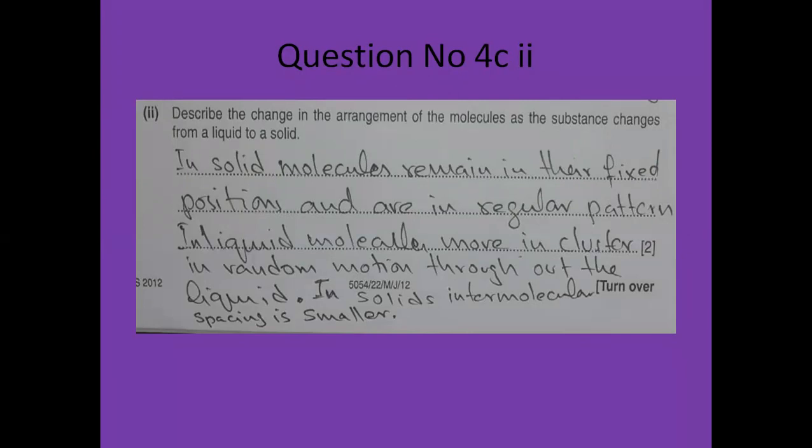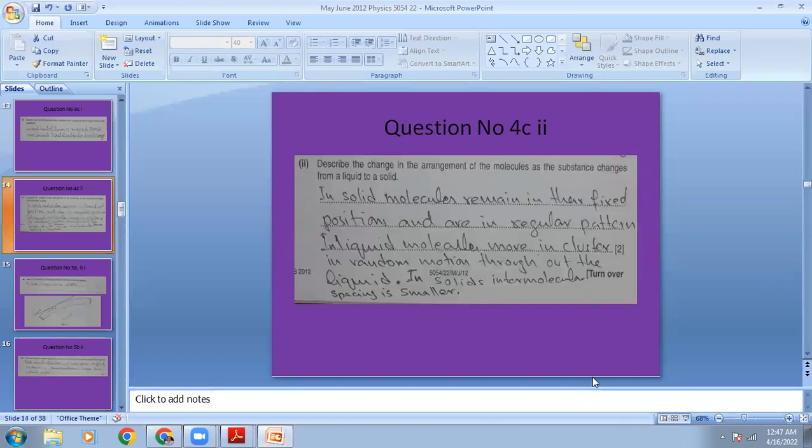In liquid, molecules move in clusters in random motion throughout the liquid. In solids, the intermolecular spacing is smaller as compared to the intermolecular spacing of the liquid.